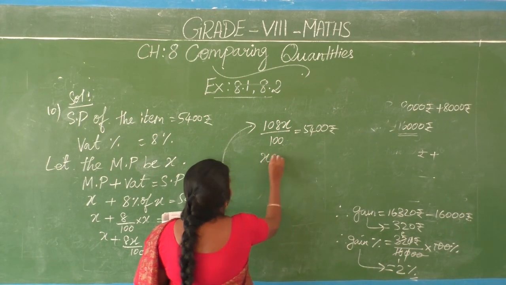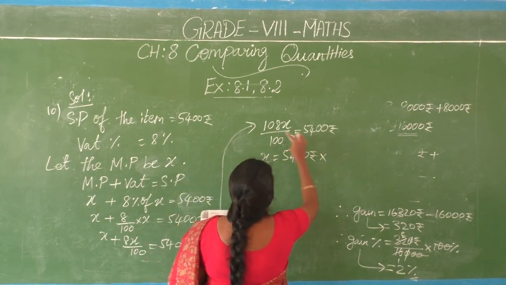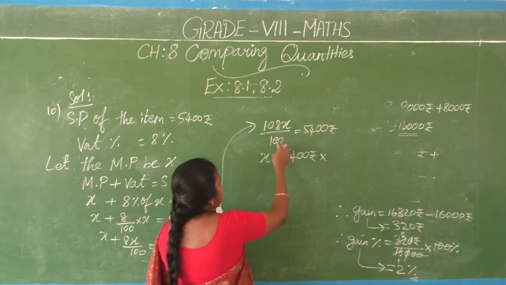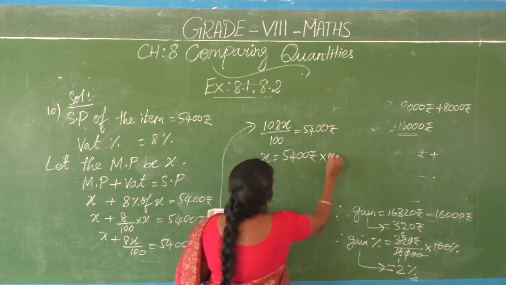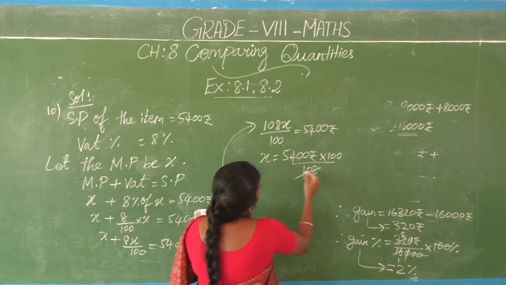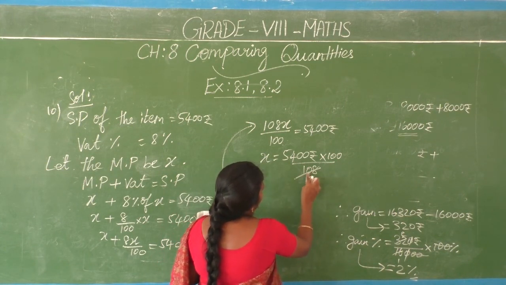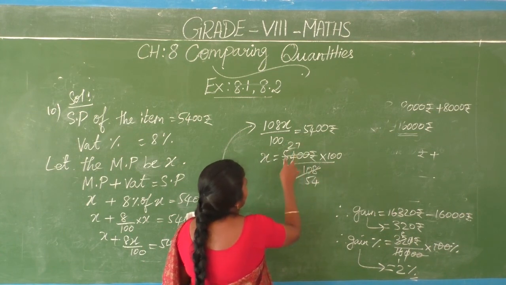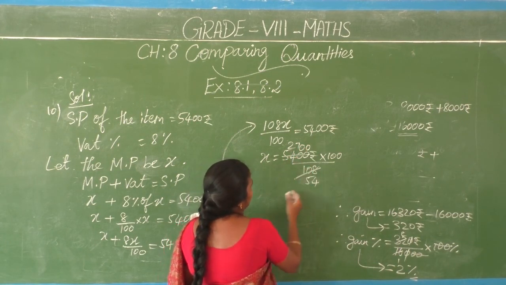Therefore X is 5,400 into the reciprocal, shifting to the opposite side: 100 by 108. Simplify. If you simplify by the 2 table, 5 2s are 10, 5 2s are 10, 4 2s are 8. Here 27, 2 2s are 4, remainder 1, 14, 7 2s are 14, giving 2,400.